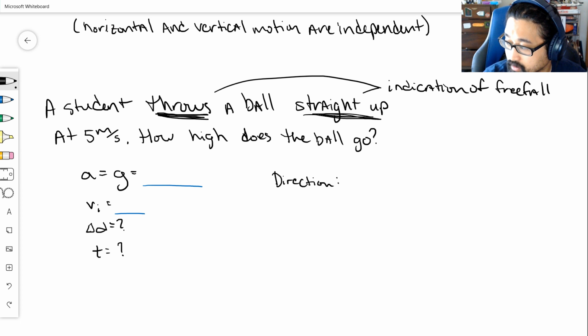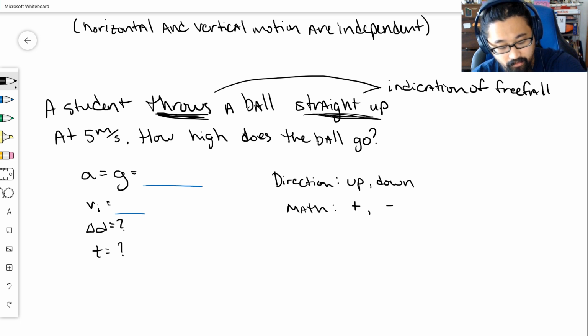Direction, like up and down. Mathematically, that's positive and negative.